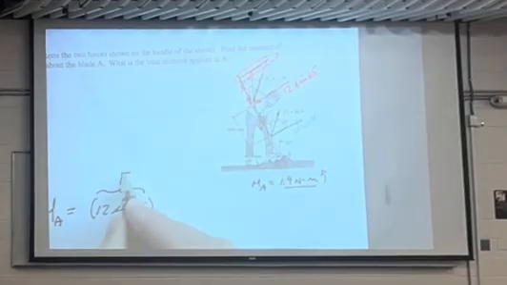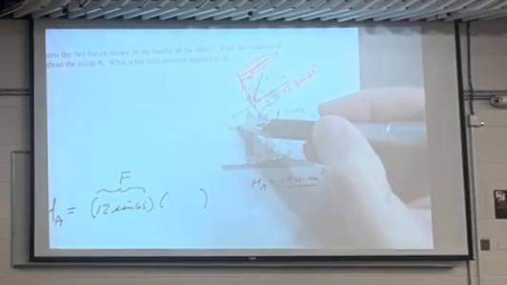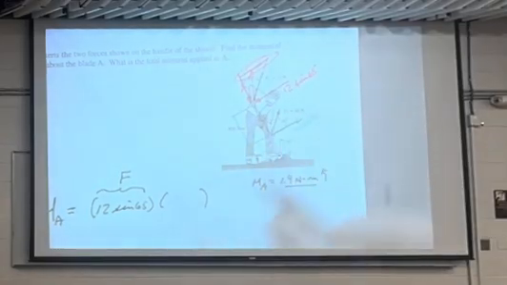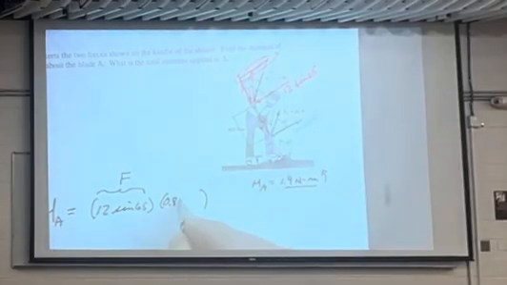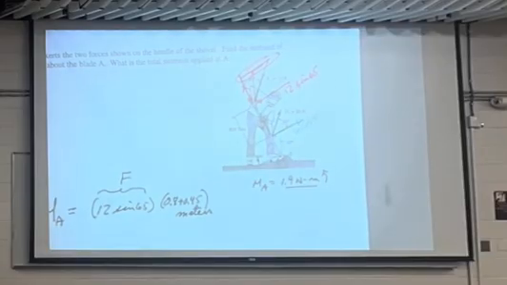That is my force. I need a distance. That distance is the 0.8 plus the 0.45. This is, of course, in meters. Now I got to put a sign on it. Well, if it's going this way, what do I have? Positive.